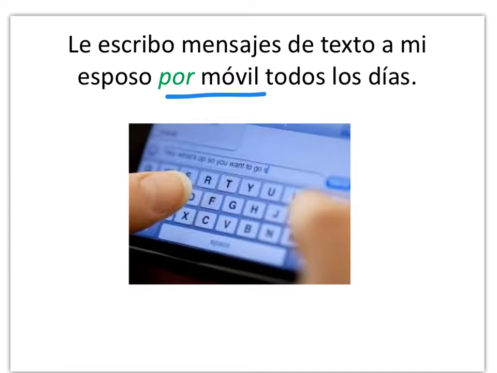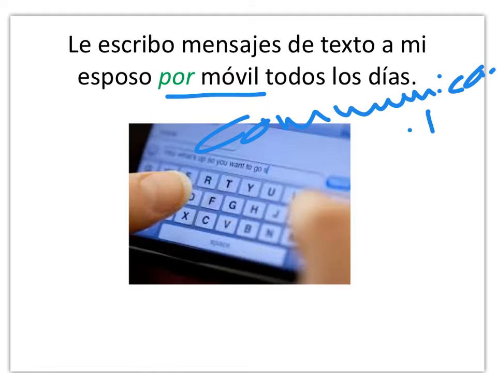Muy bien. Or por teléfono, or por celular, or por FaceTime, or por Snapchat, or por Instagram, or por Facebook. Any type of mode of communication. Any reference to a mode of communication. That's what we're looking for when we use por.